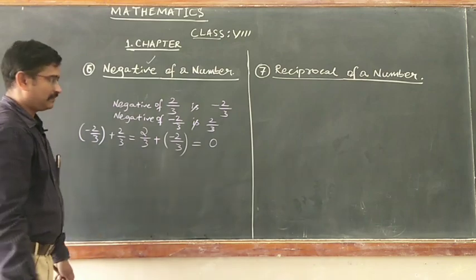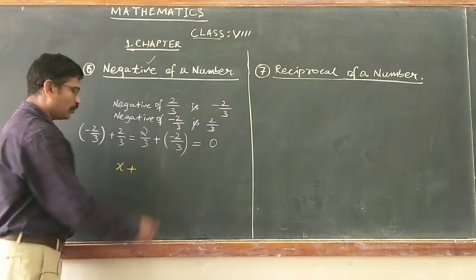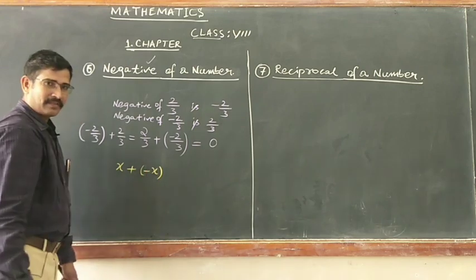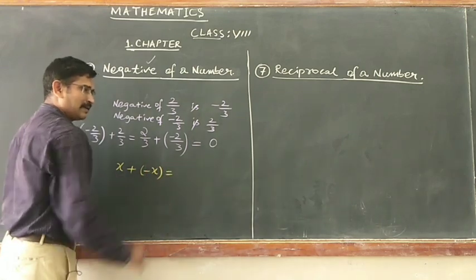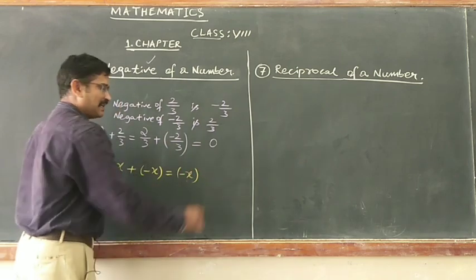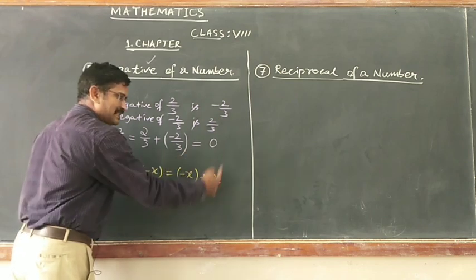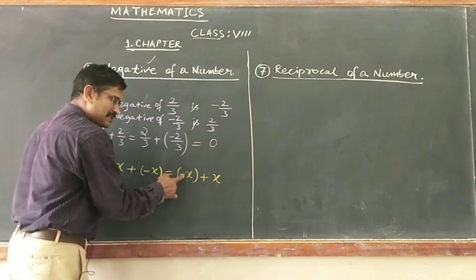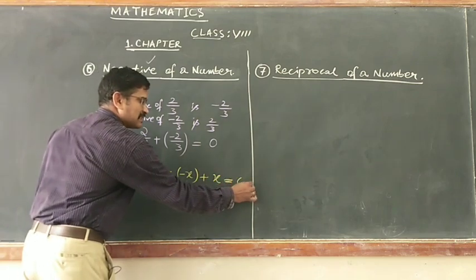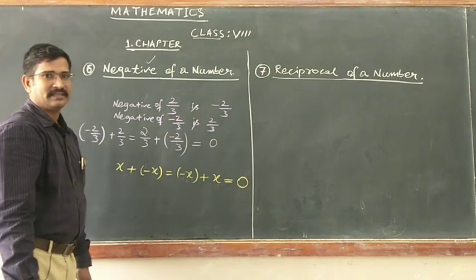In general, x added to negative of x, negative of x is minus x, or negative of minus x is x. So, x added to minus x or minus x added to x gives us 0, which is the additive identity element.